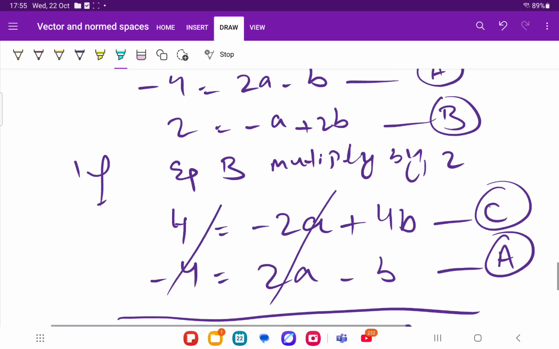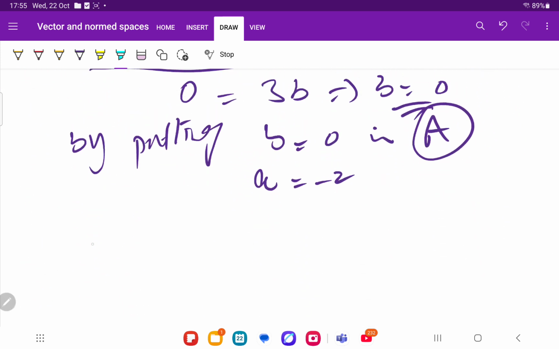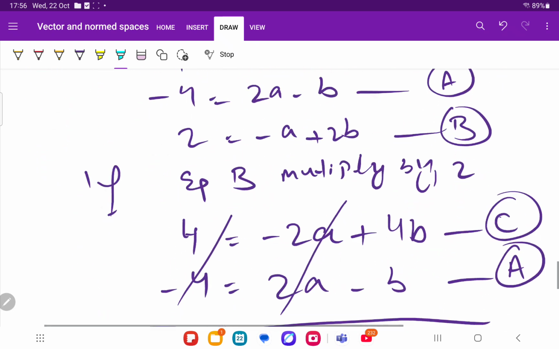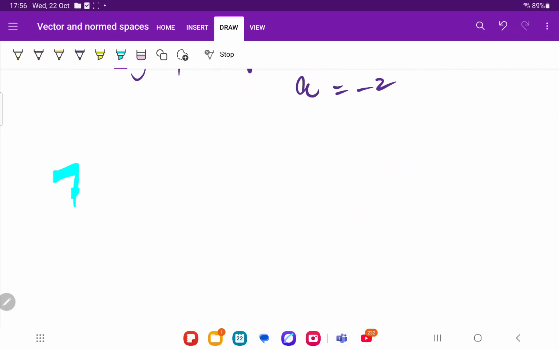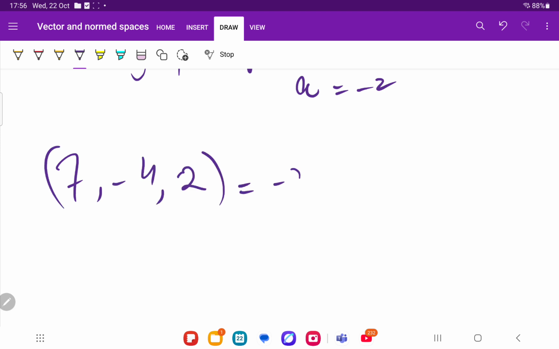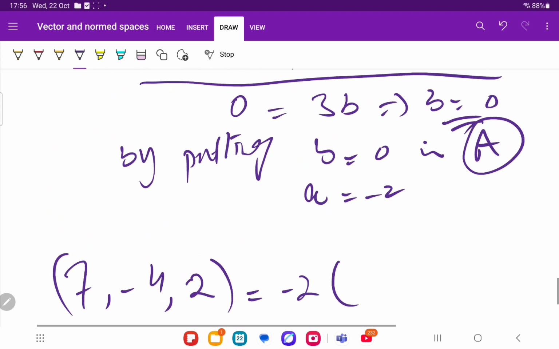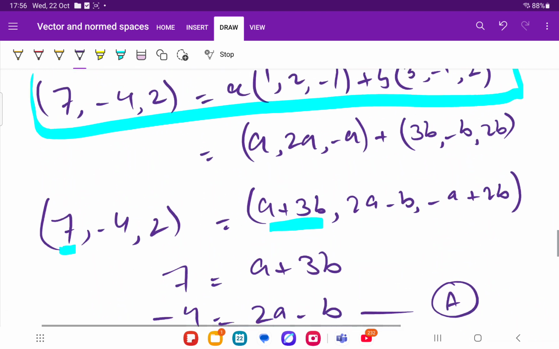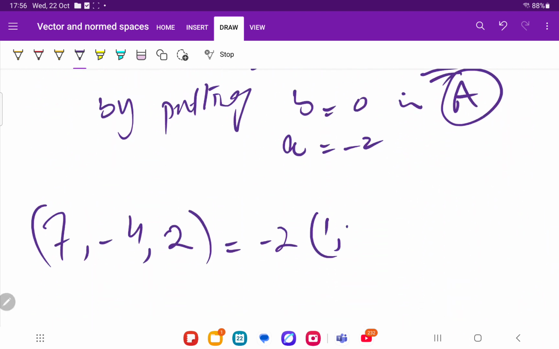So you can see that we have 7, minus 4, 2 equal to a, which is minus 2, times 1, 2, minus 1, and b is equal to 0, so this vector will be altogether 0.